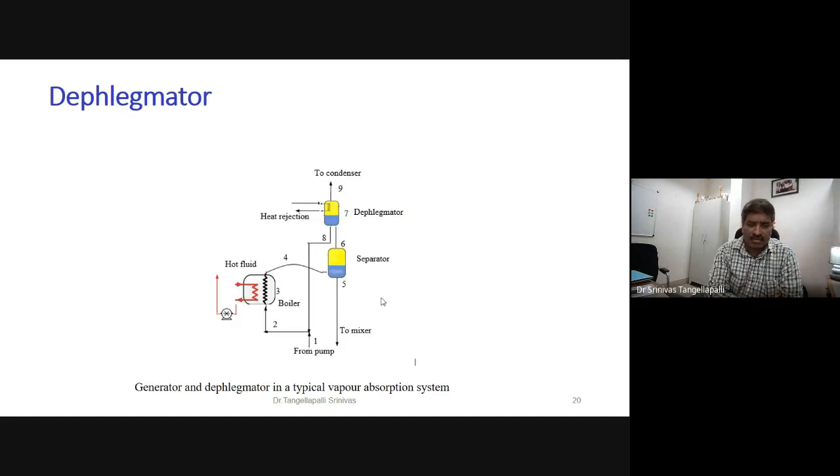Now, one more process I am including in vapor absorption systems. This is applicable to both cooling applications as well as power generation applications. This component, the rectifier, is also called the distillator of the component, and the process is called distillation.